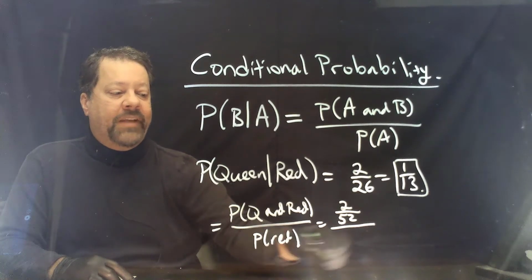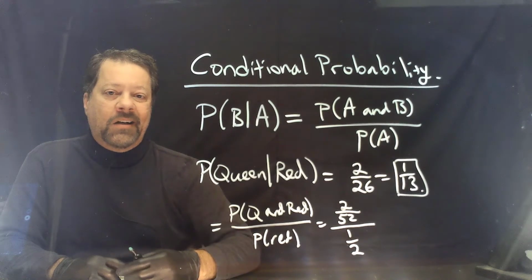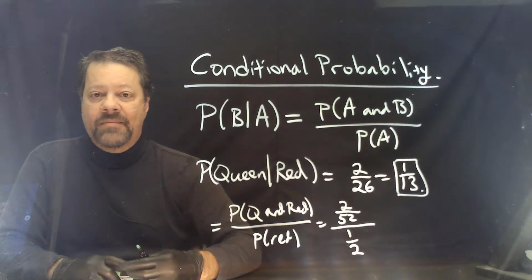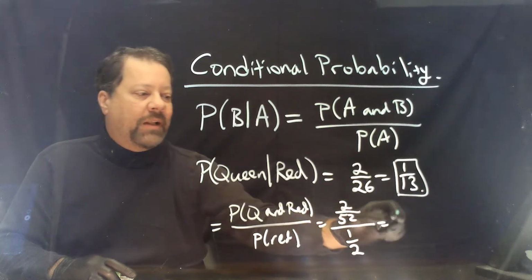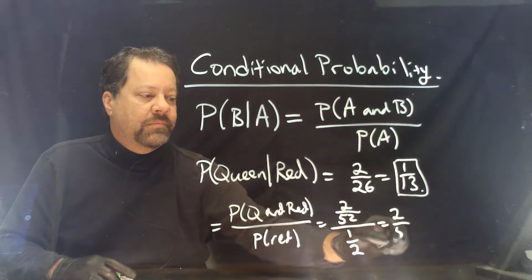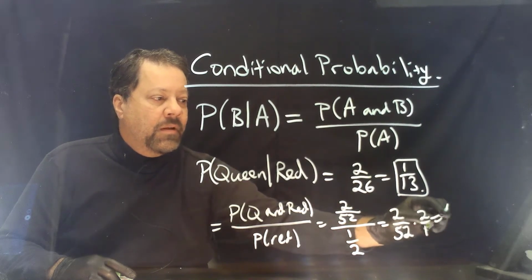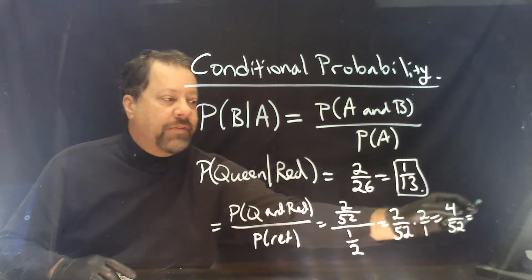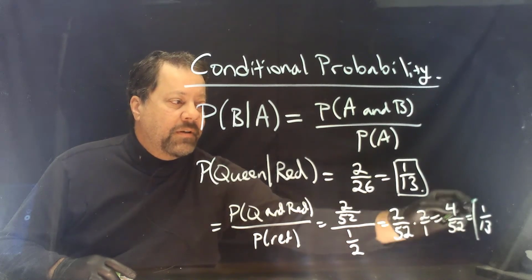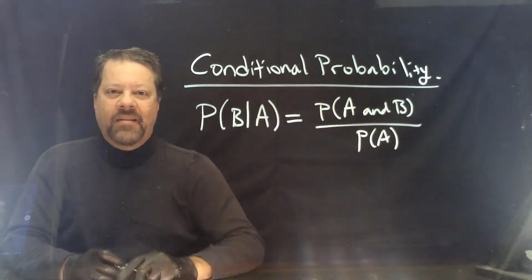But the probability of getting a red is 1 in 2. There are just as many red cards as there are black cards. So if we invert and multiply, four goes into 52 13 times, and so we get 1 out of 13.